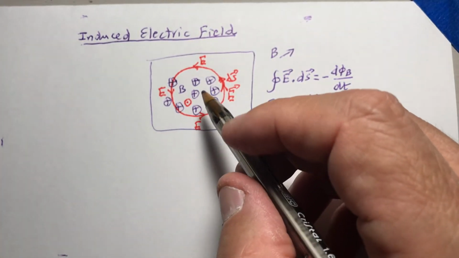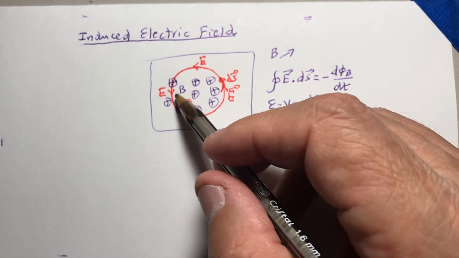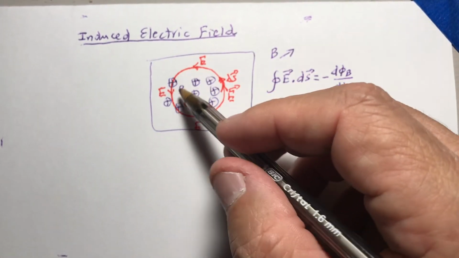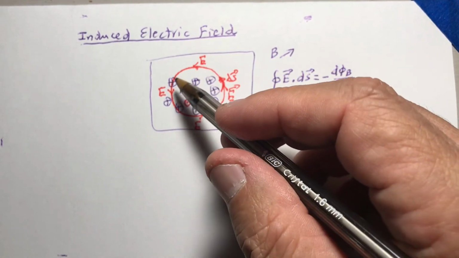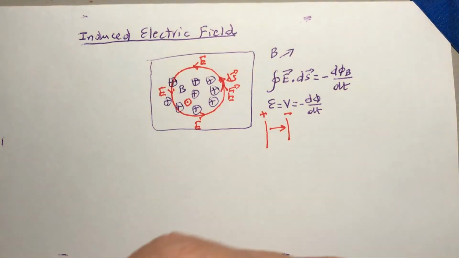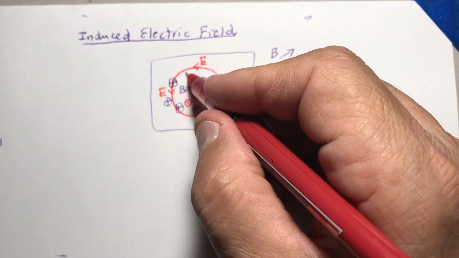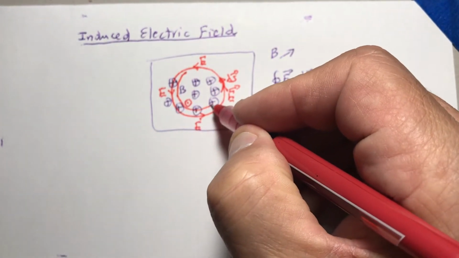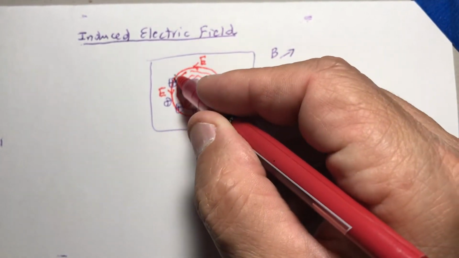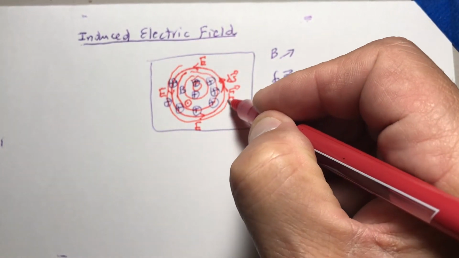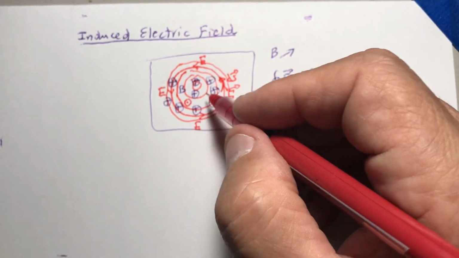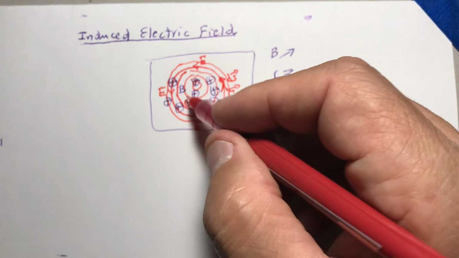But remember, here this is space. We don't have a wire. So what you have here is just an electric field circling. So you don't just have one line, you have a bunch of lines. You have another one here, another one here. There are a bunch of these electric field lines circling as you increase this magnetic field.